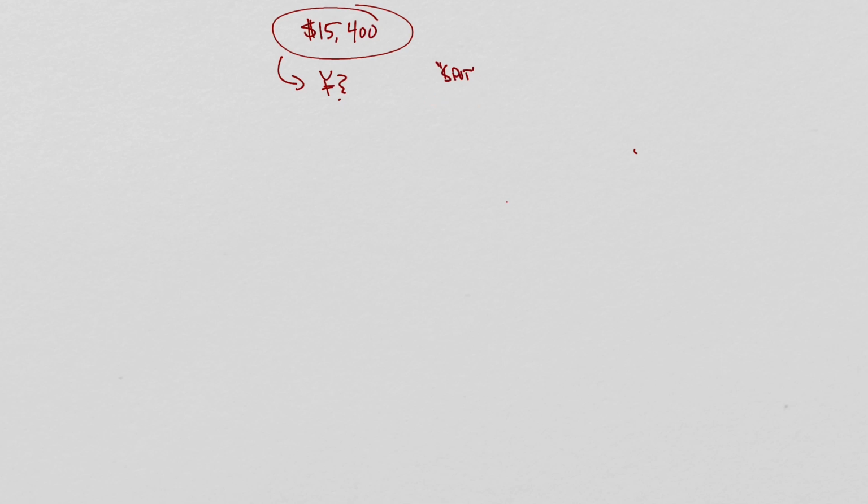And let's suppose that the spot exchange rate for the Japanese yen is currently 108.94 JPY. That's the three-letter code for the Japanese yen, to $1.